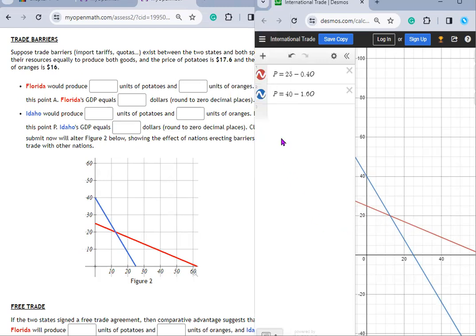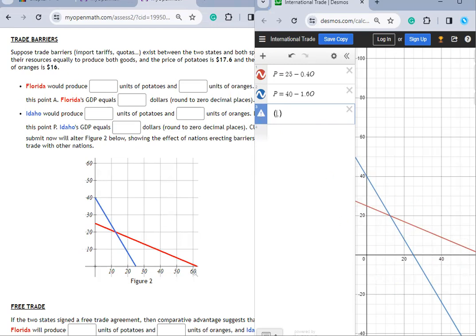Well, I'm going to go over to my model here. I'm going to create a point for Florida. Now, the first value in a point is the value on the x-axis, in this case, the o-axis, right?